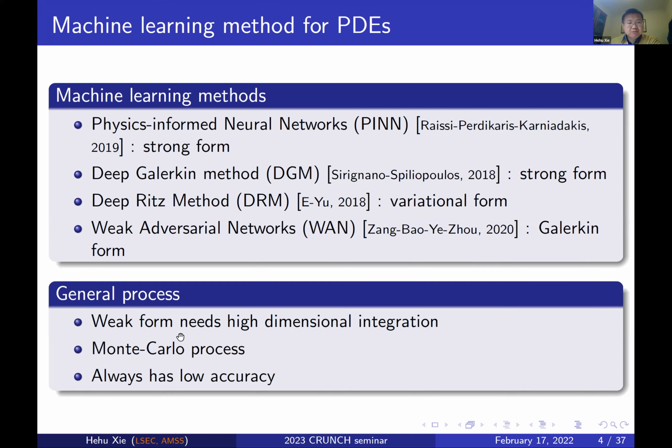To define this type of weak form, we always need to do high-dimensional integration. The Deep Ritz method and weak adversarial networks both use the Monte Carlo process to do the high-dimensional integration. But as we know, Monte Carlo always has low accuracy and other disadvantages, though it does provide a way to calculate high-dimensional integrals.